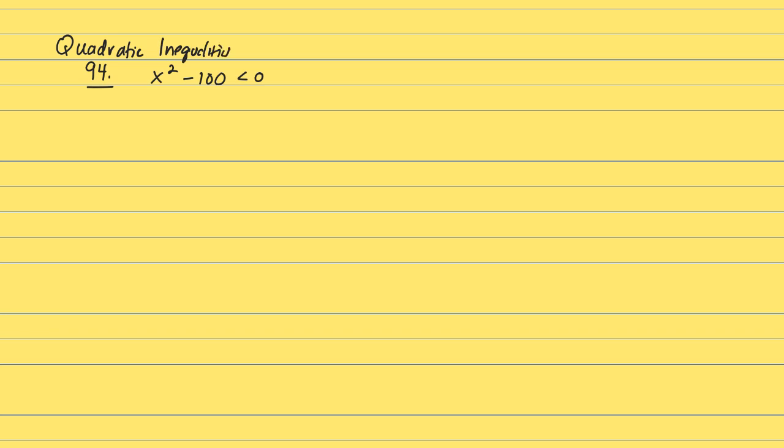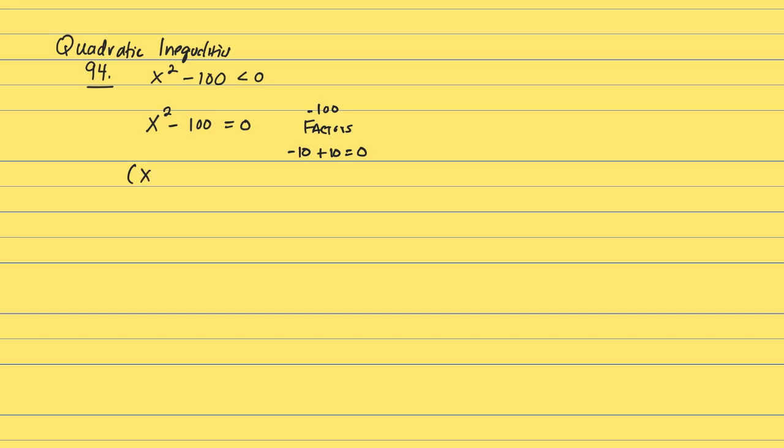So what you're going to do first is set it up as an equation. So you have x squared minus 100 equals 0. Then you're going to factor and find the factors of 100 that would add up to 0. We notice that it's going to be negative 10 times 10, because that's going to give us 0.